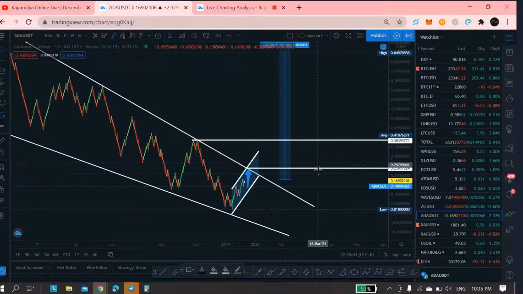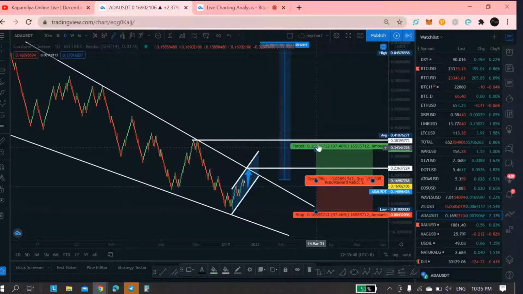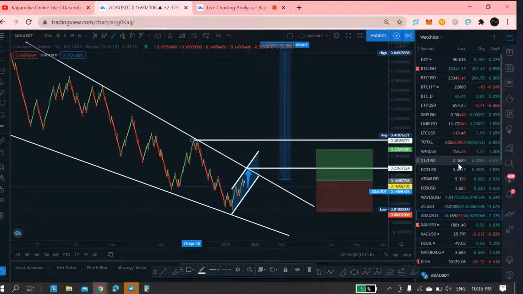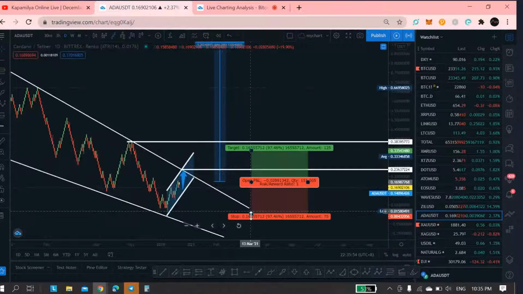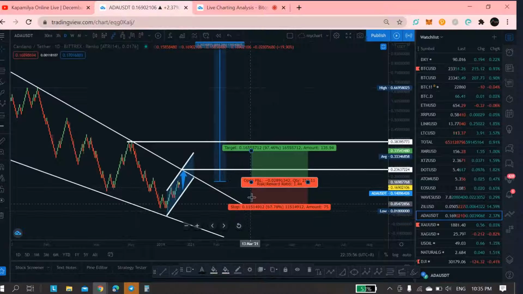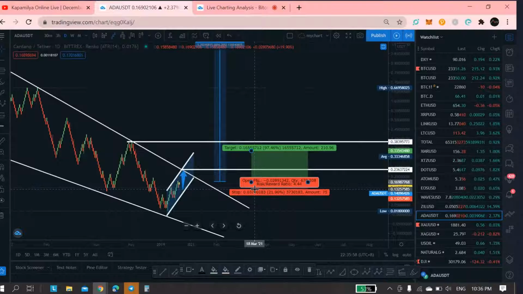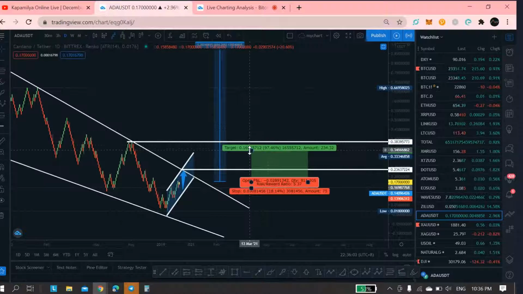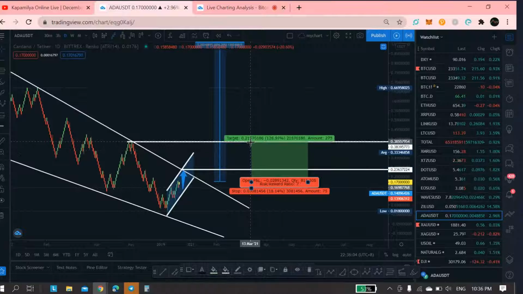So if I use the risk reward ratio, if I enter here and my TP area at this, wait, let me just, if my stop loss here, but of course I'll not trade it. I'll be more on long term here on ADA.